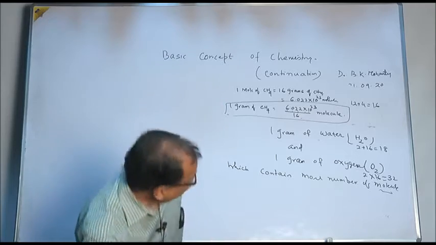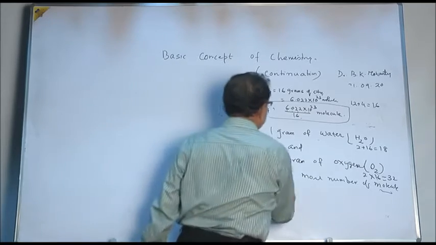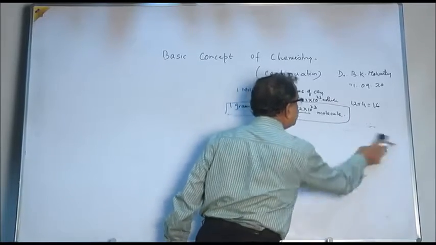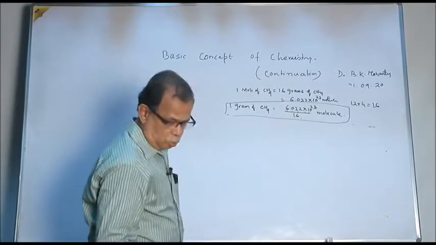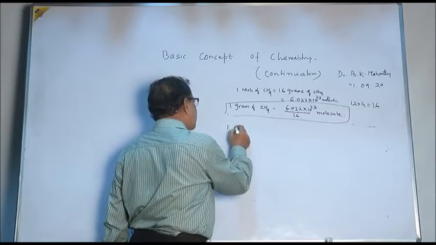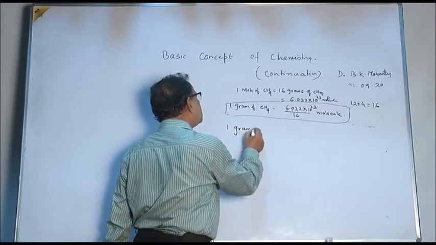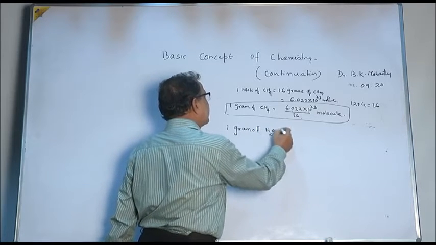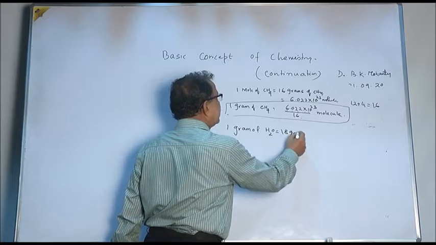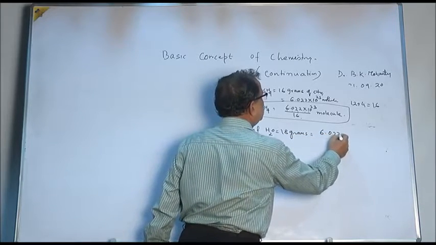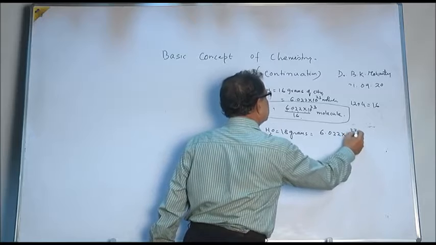Now 1 gram of water. 1 mole of water is 16 plus 2, 18 grams. 18 grams is equal to 6.022 into 10 to the 23 molecules.